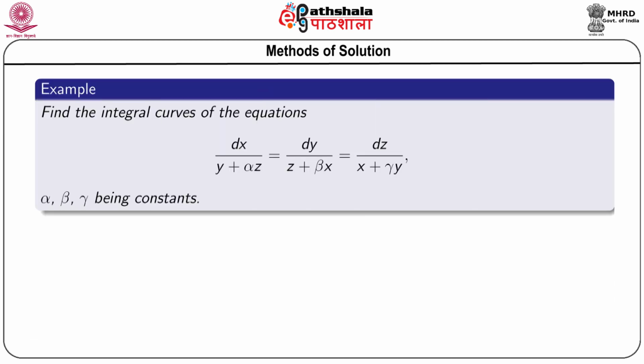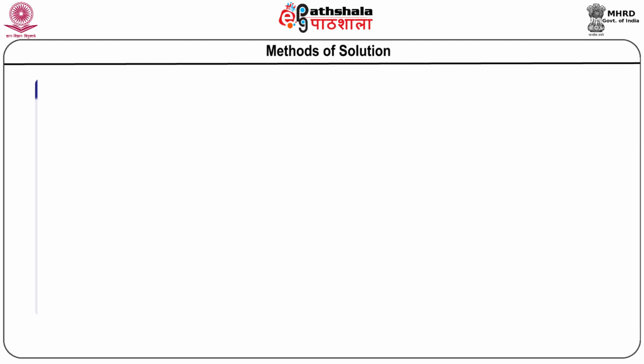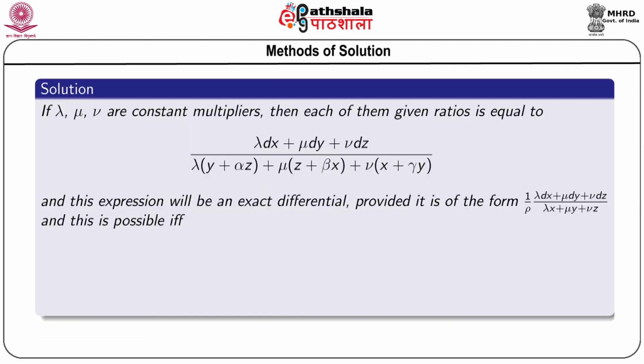Now, let us take this example. Using method 2, we want to find integral curves of this equation. This is our p, this is our q and this is our r, and in this equation alpha, beta, gamma are constants. Now we multiply the numerator with lambda dx, mu dy, nu dz divided by this.